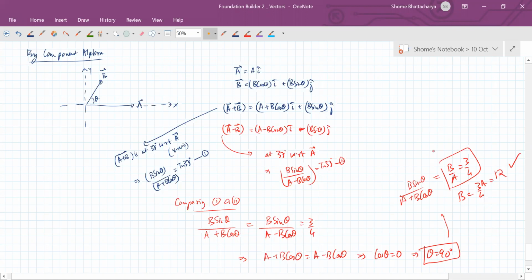Then you put that back over here. So A is 16 i cap and B just becomes B j cap or 12 j cap. So mod of A plus B is equal to mod of A minus B is equal to 20.